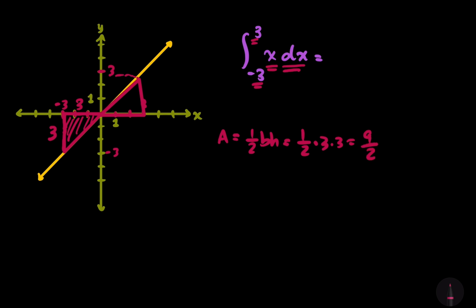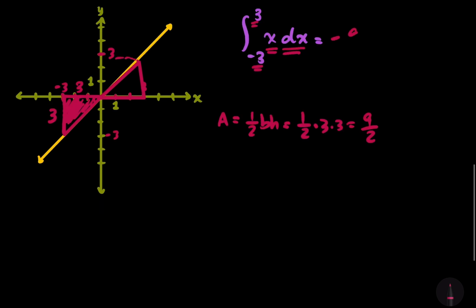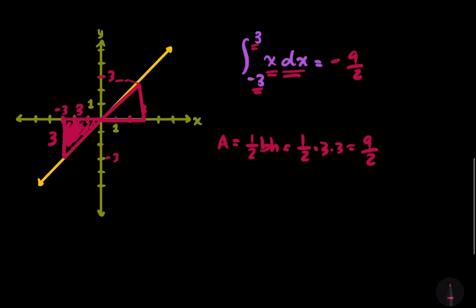But keep in mind, over here we're looking at the area above the curve and beneath the x-axis. So this portion right over here is beneath the x-axis, but it's above the curve. And so we're going to have -9/2 for that first portion. So this integral would be -9/2.